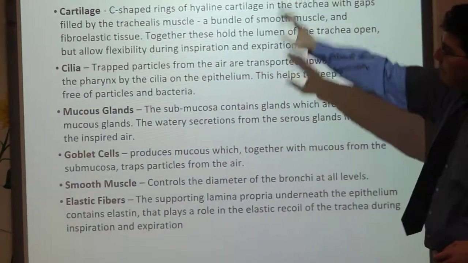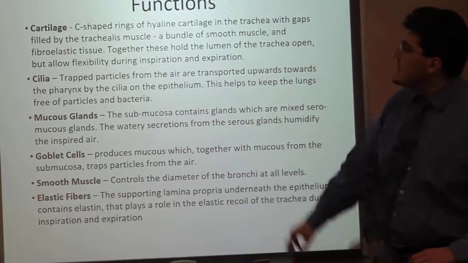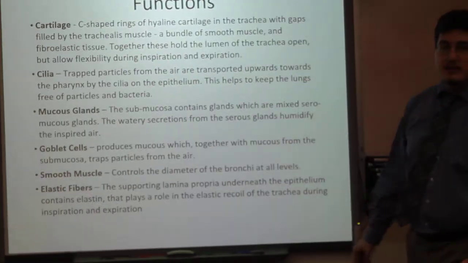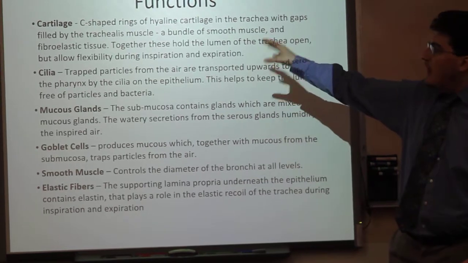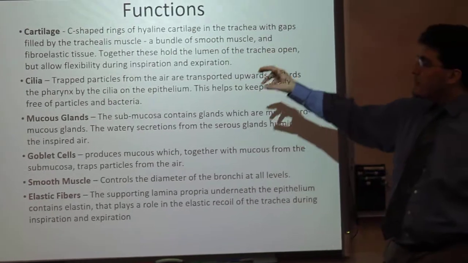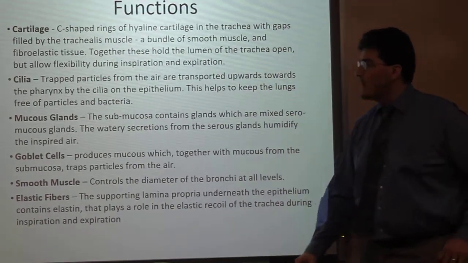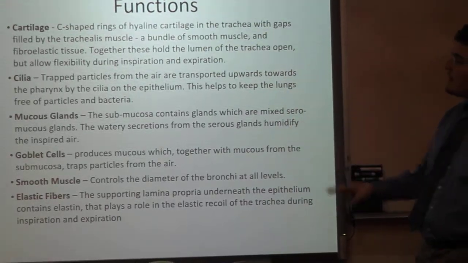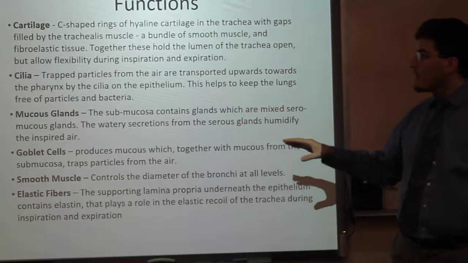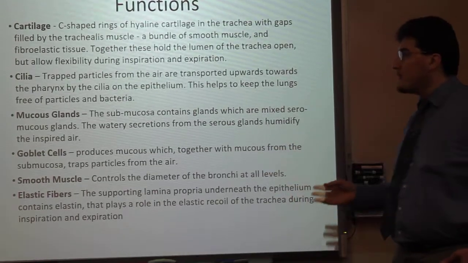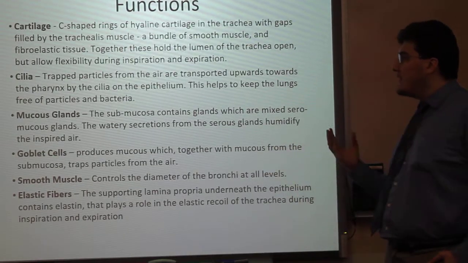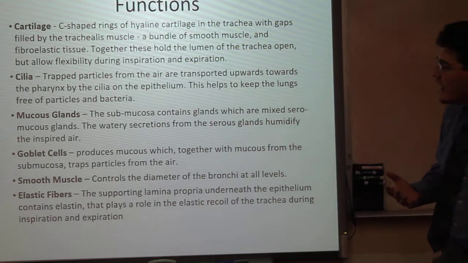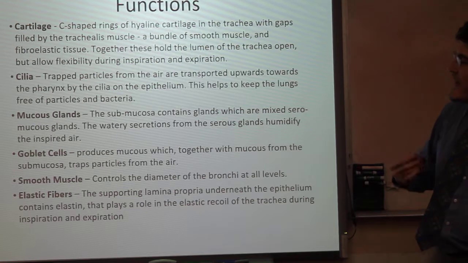So my cartilage in my trachea was in a C-shaped ring. Its job was to hold that lumen of the trachea open, allowing flexibility during inspiration and expiration. My cilia was there to remove trapped particles from the air, transporting them upwards, out of the pharynx, keeping particles out of the lungs, and getting those particles of bacteria out.